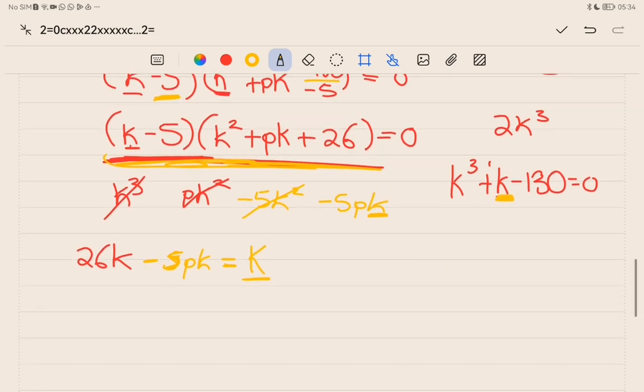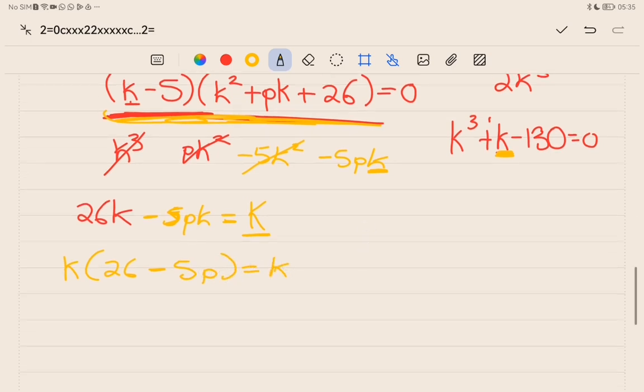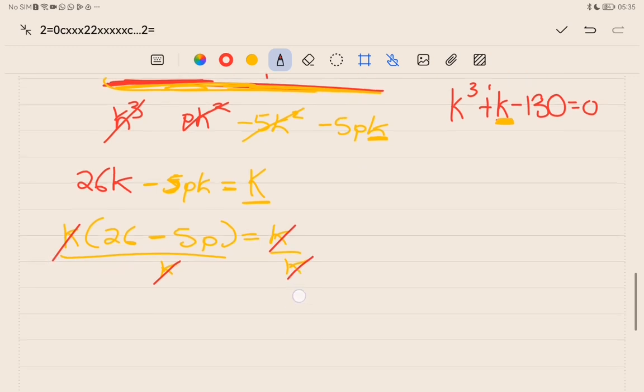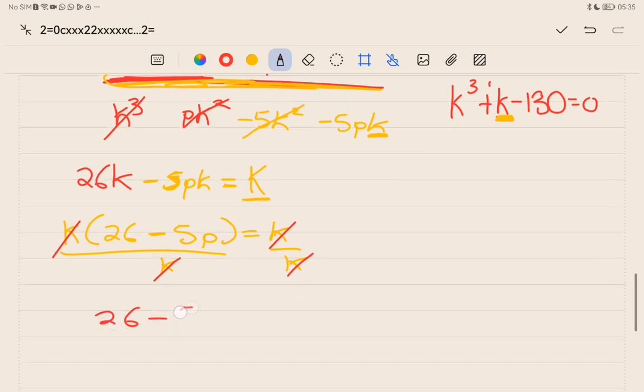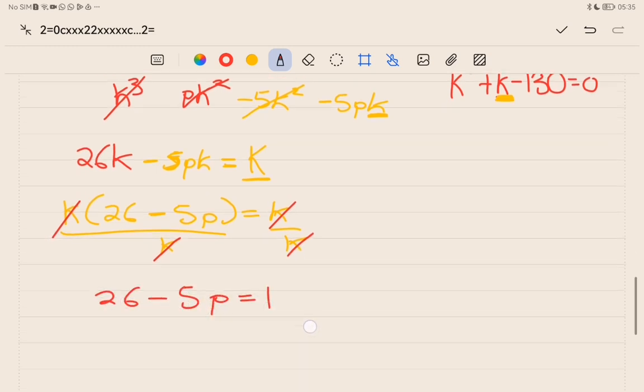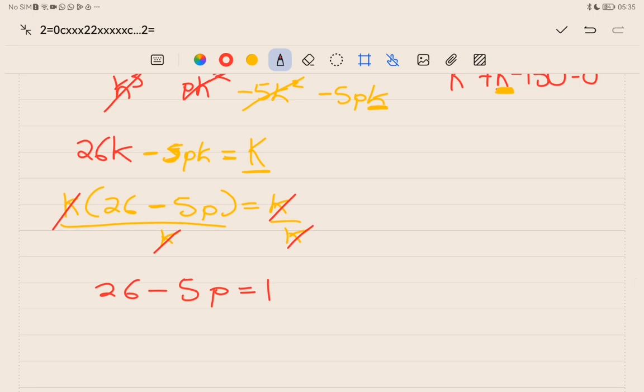So now what we are going to do, we are going to take k as a common factor on both sides. Then we divide both sides by k, then they divide each other. Then now you need to solve for p.